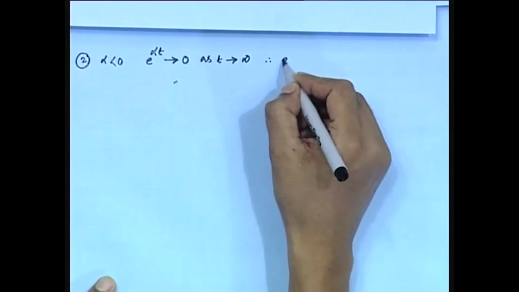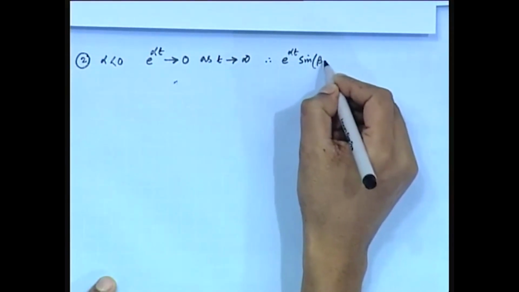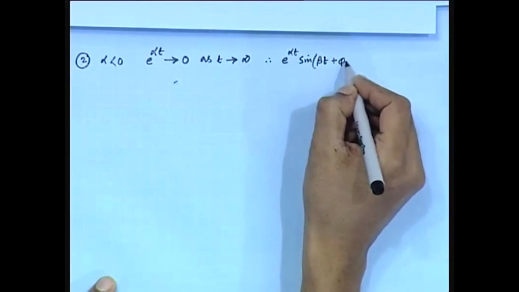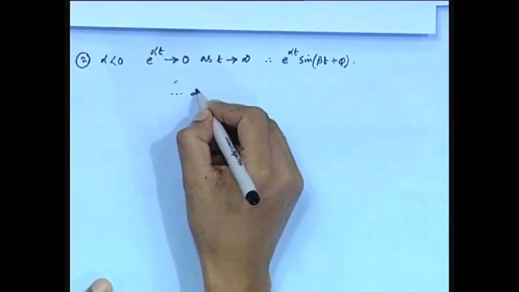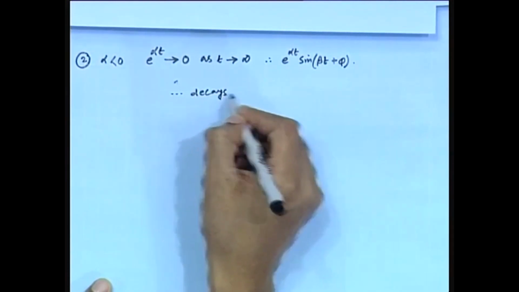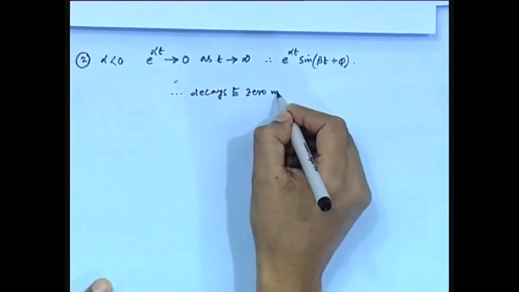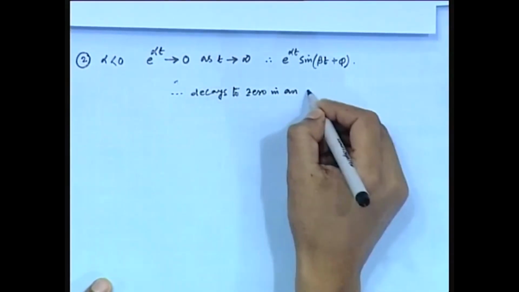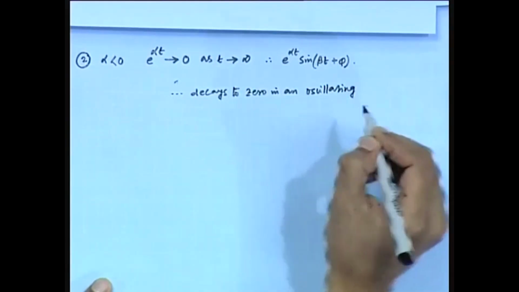So, exponential of alpha t multiplied by sine of beta t plus phi decays to 0 in an oscillating manner.